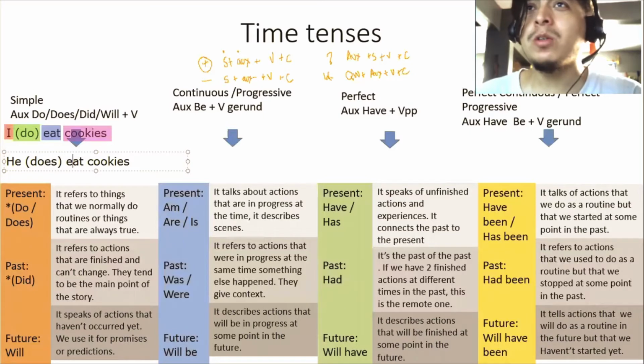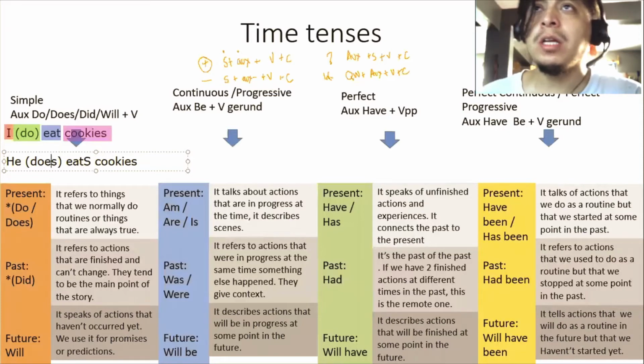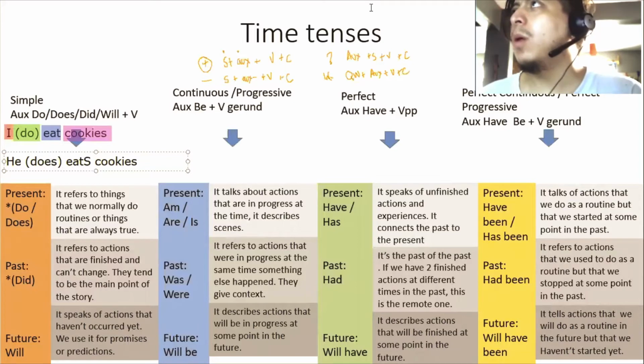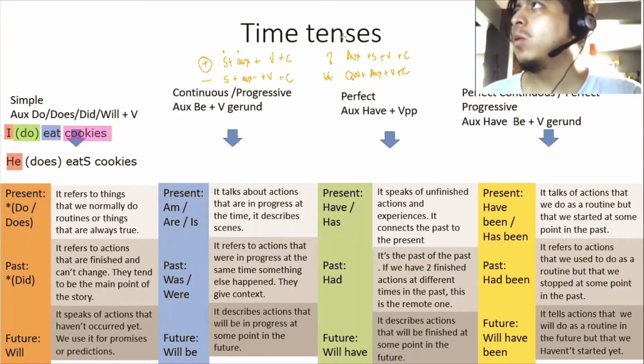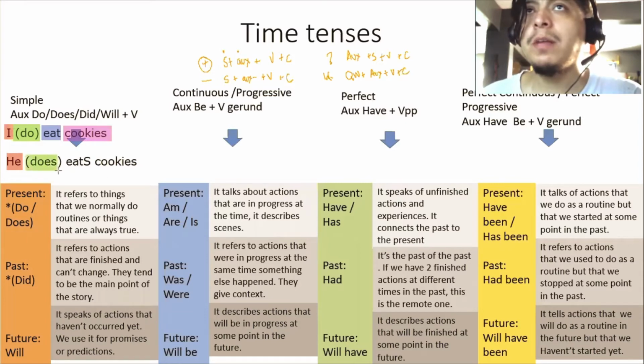If we don't have the auxiliary, what do we have to do? We have to use an S. The verb has to take the S that the auxiliary is not having. So again, this is what we have. We have our subject. The auxiliary will be does, but is not used. This is the auxiliary, but we are not using it. This does has an S. Can you see it right here?